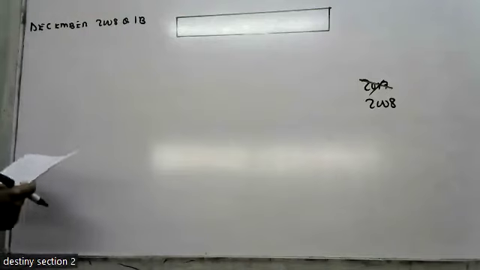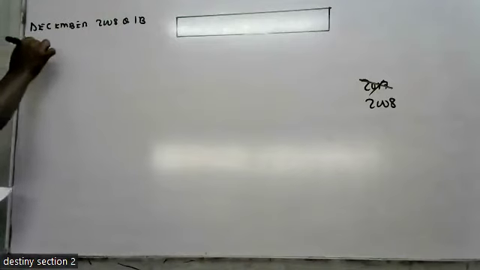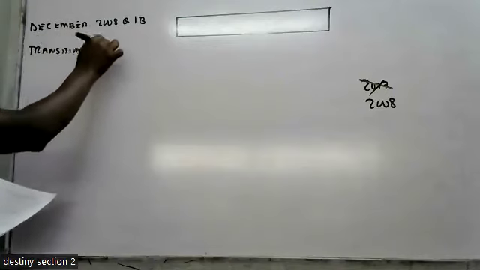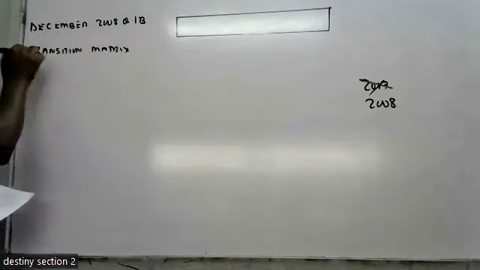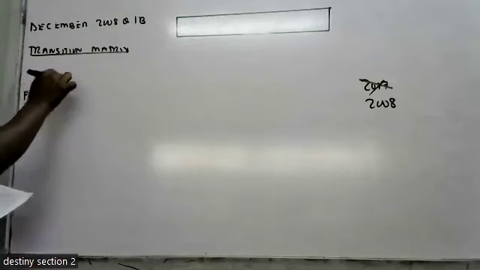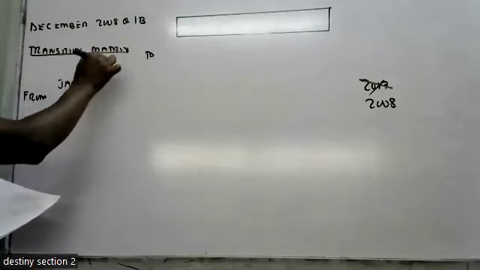First of all, we need to make what we call the transition matrix, which will be saying from Jana, and then here to Jana.